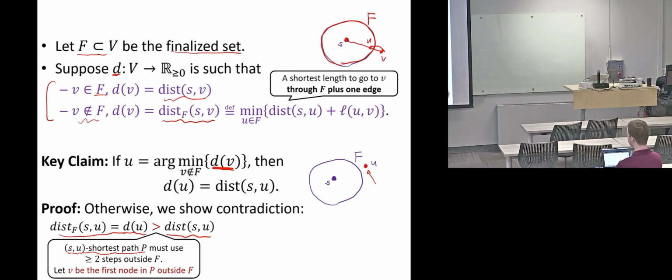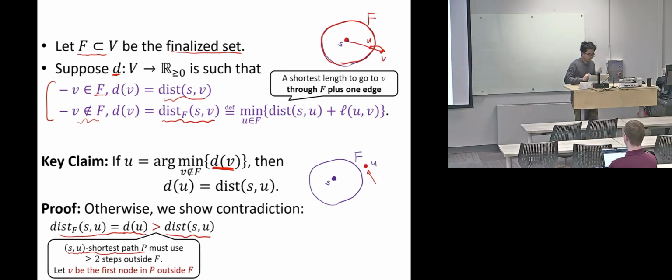And now let's try to prove this, that they are equal. Suppose not. Suppose for contradiction that it is not the case. It means that this estimate for U is not the right distance yet, so it must be strictly greater than the real distance. If that is the case, how can that ever happen? How can this F distance from S to U be more than the real distance from S to U?